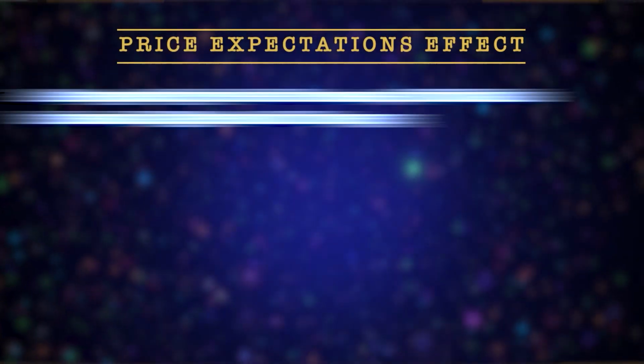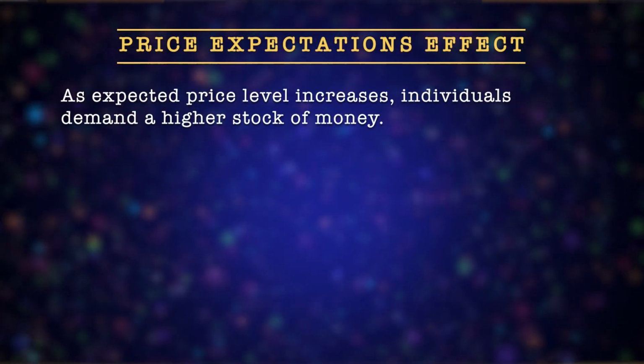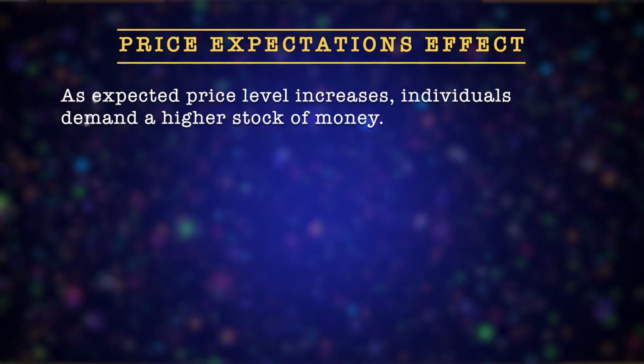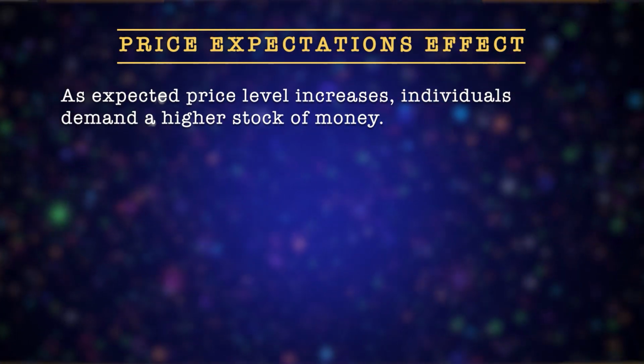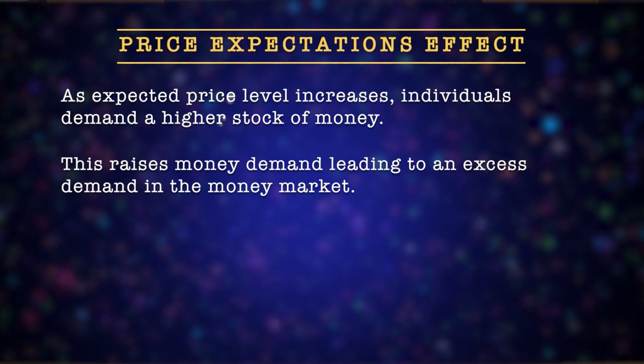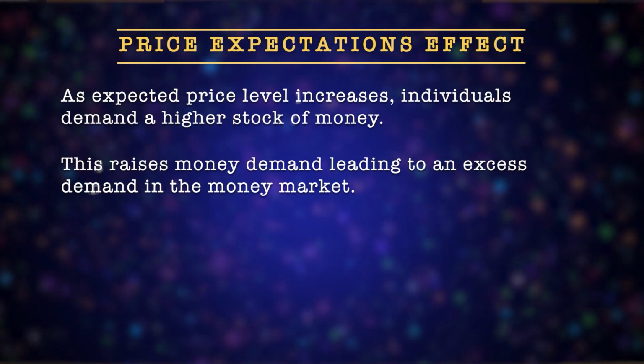So it is M by PE is equal to L function of Y comma I. Here PE is the expected price level. So the demand for money in this context is PE into L function of Y comma I. So as the expected price level increases, individuals will demand a higher stock of money, because they feel that prices are going to rise.